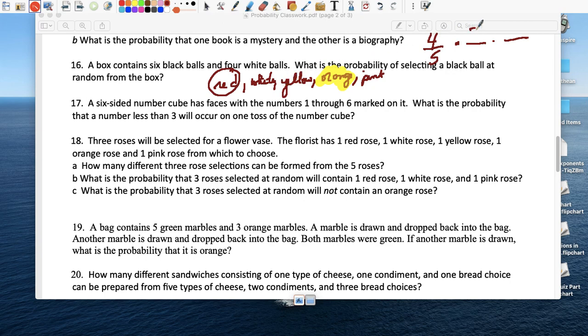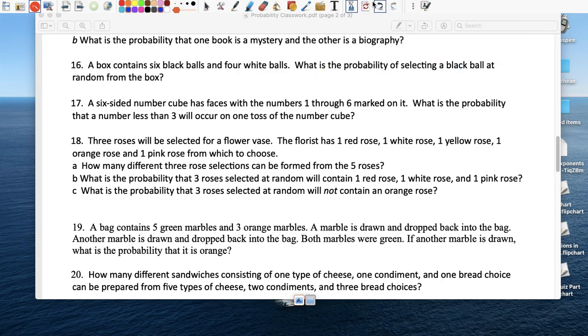So I have now 3 selections out of, the red doesn't count anymore, out of 4. Let's say I got the white rose. I can't pick that anymore. So when I go for my last flower, the probability of selecting something that's not orange would be 2 out of how many total? 3. Let's simplify this. This and this goes away, this and this goes away. So there's a 2/5 chance of that happening. Not bad.